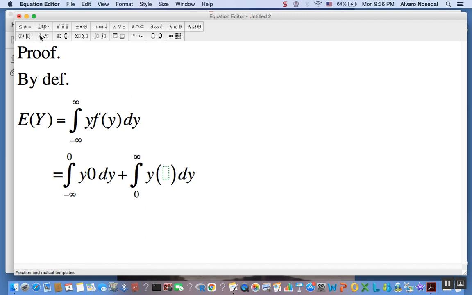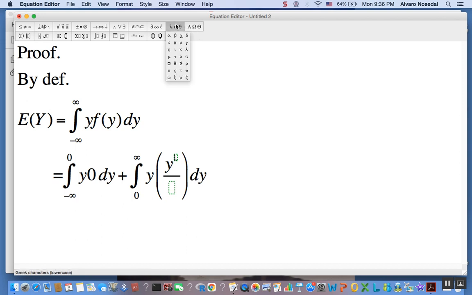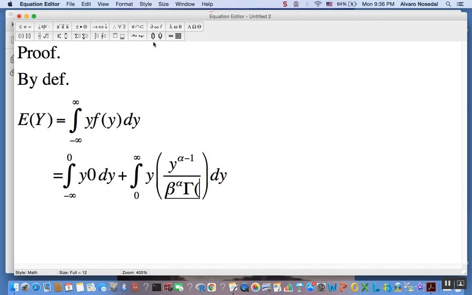So it looks something like this. y to the alpha minus 1 divided by beta to the power alpha times the gamma function evaluated at alpha.